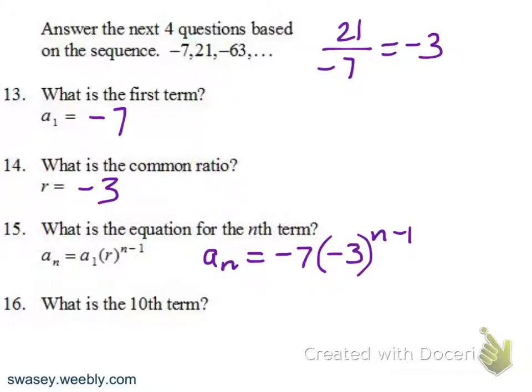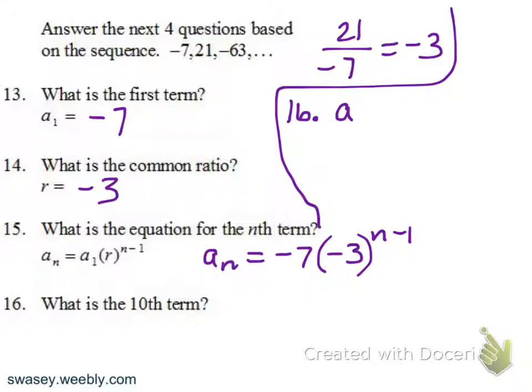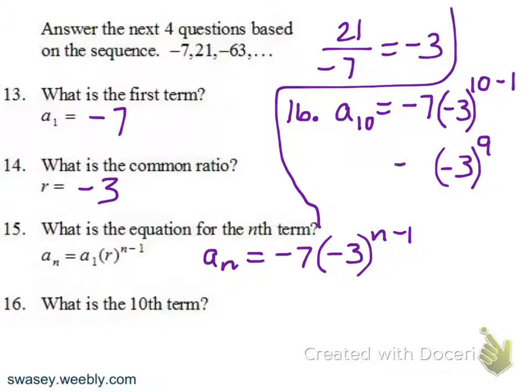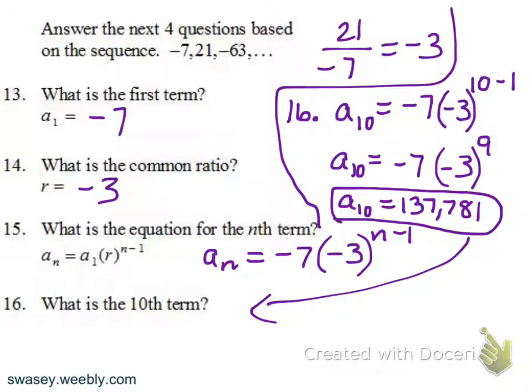And then to find the 10th term, we're going to replace n with 10. 10 minus 1 is 9. And then we'll put the rest of this in our calculator. So our 10th term is 137,781.